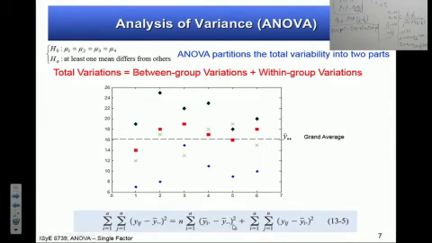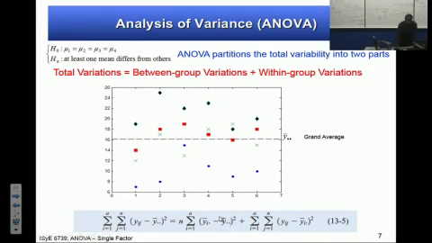How about this one? What is this? The average of each population. What is this? The overall average. So the difference means the variation of each population from the overall average. So we call it between population variation, or between group variation. Okay?